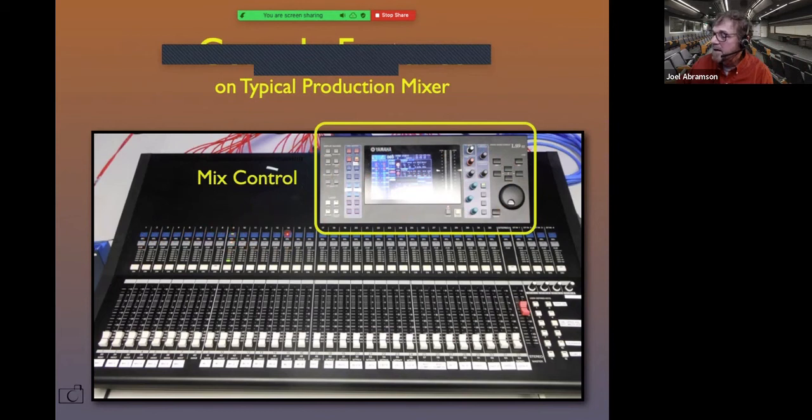And if we click on here, then this mix control is controlling this one. So it makes the console smaller, and also a little cheaper. That's also a good thing.